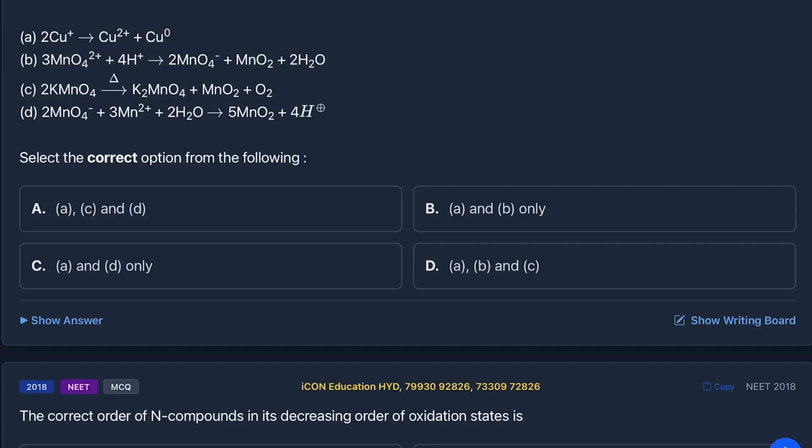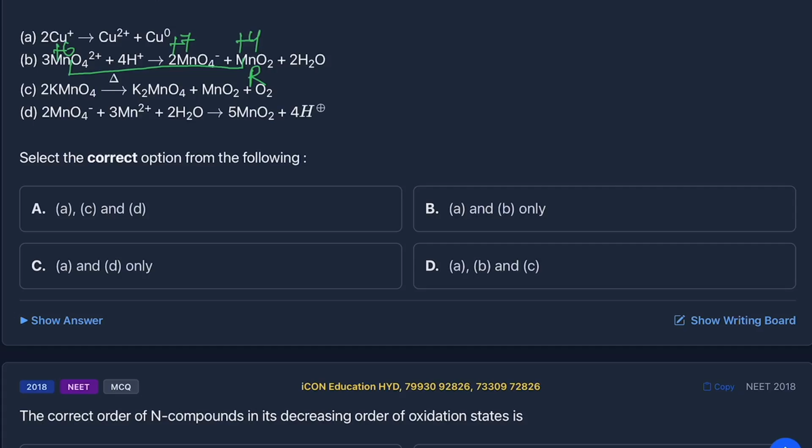Next, if you check this second reaction, in MnO4 2-, manganese will get the +6 oxidation state, and next here it is getting a +7 oxidation state, and here manganese will get the +4 oxidation state. So +6 to +4 is a decrease in oxidation state, which means reduction.